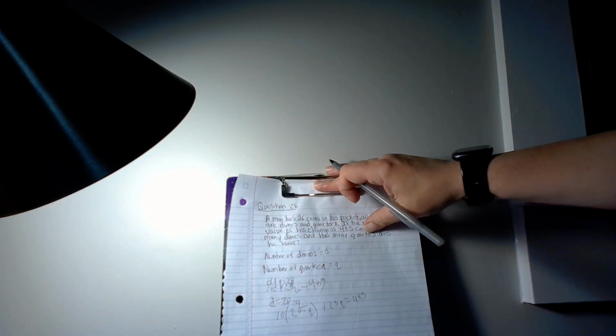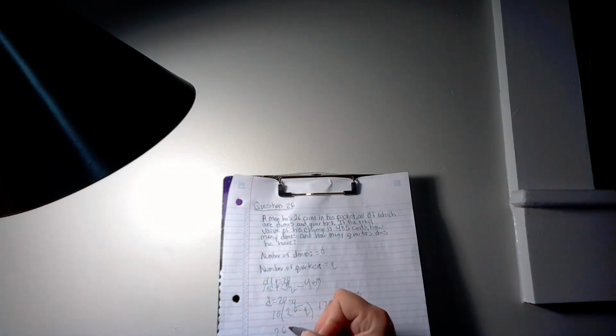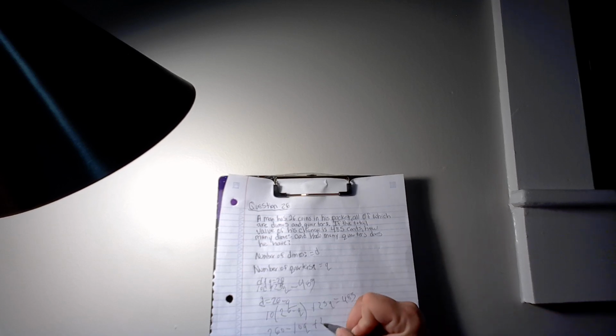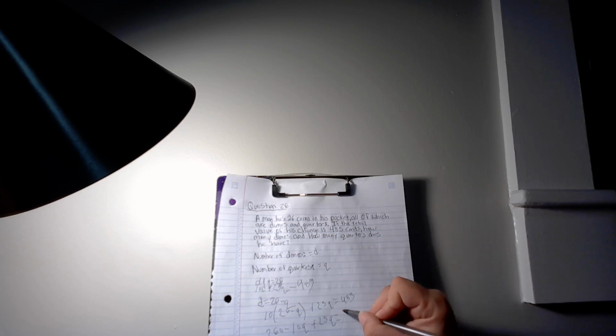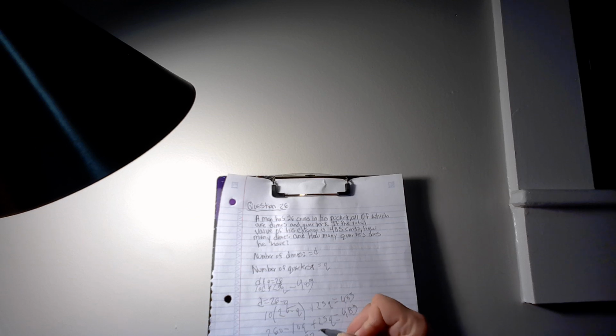Then from there, you would do 260 minus 10Q plus 25Q would equal 485. From there, you could reduce it to 15Q equals 225.